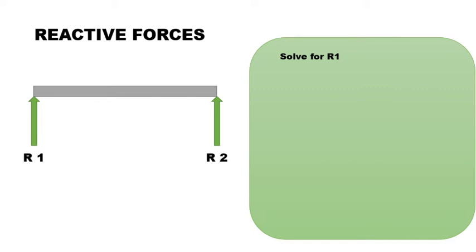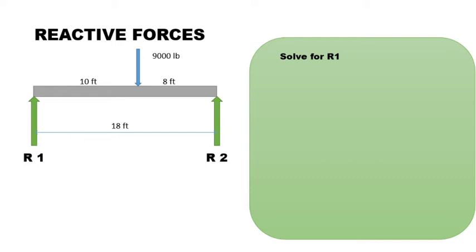The determination of the reactions for simple beams is achieved with the use of equilibrium equations for parallel forces. Say for example, we have a 9,000 pounds concentrated load at a distance of 10 feet from R1 and 8 feet from R2.